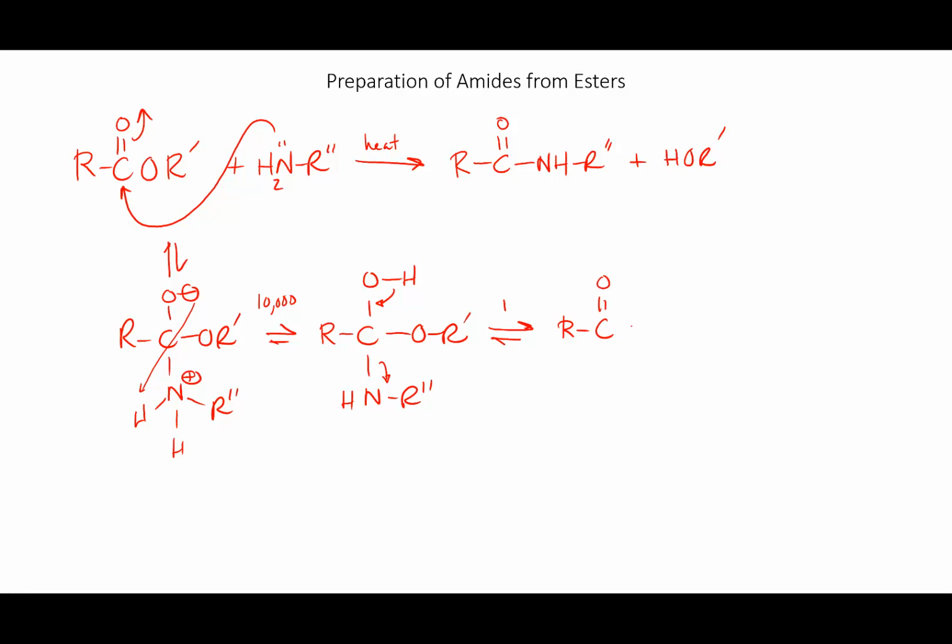I'm going to end up with the carbonyl, with the NH with the R double prime group, and I'm going to end up with the O-. That then will react with the H+ to make the alcohol.